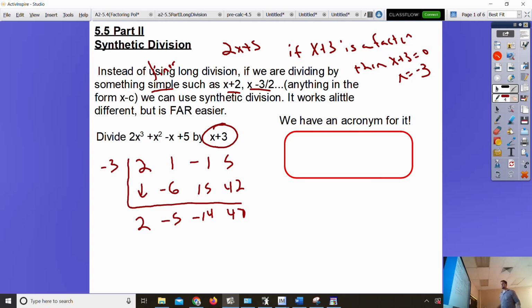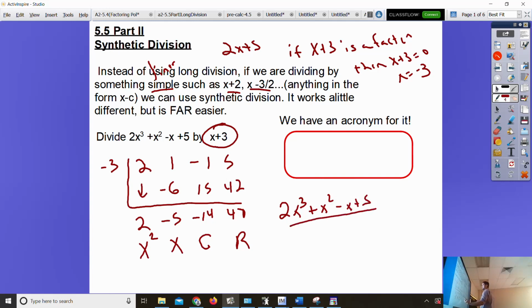So what is this? All right, the last thing is the remainder. Remainders are preceded by constants. Constants are preceded by x's, and x's are preceded by x squared. So it turns out that what the original problem might look like, 2x cubed plus x squared minus x plus 5 over x plus 3, is actually 2x squared, which I think you can see.